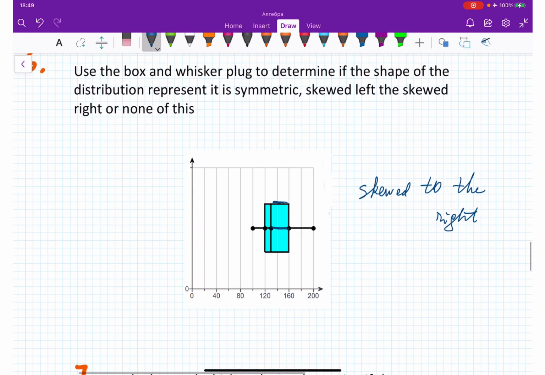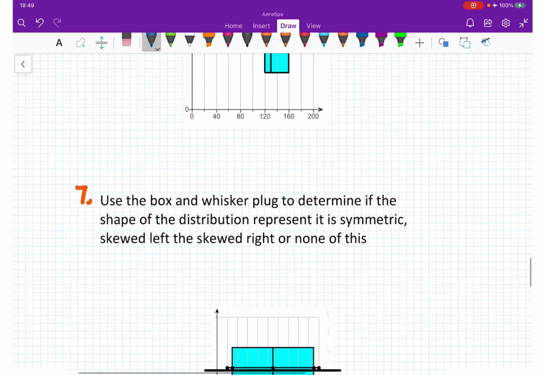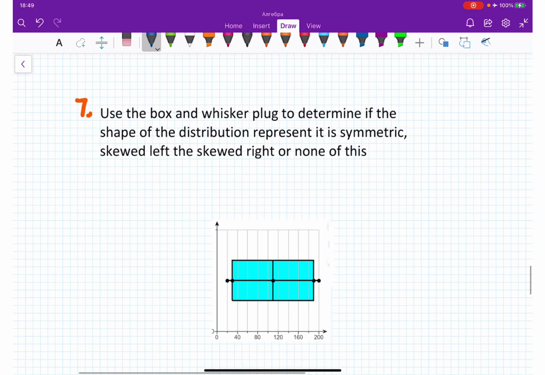And the last one is going to be the same thing, but we need to see whether this one is symmetric, right? Perfectly symmetric.